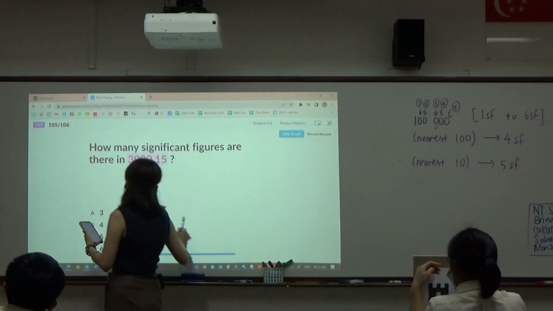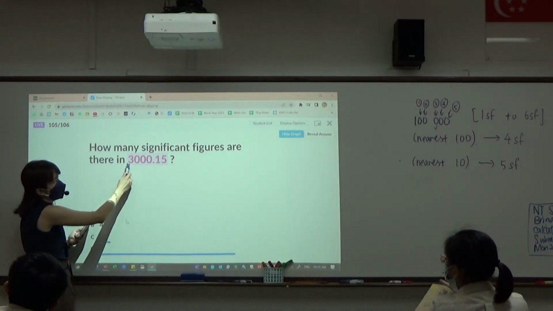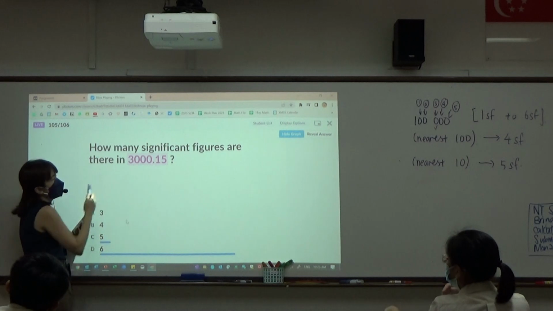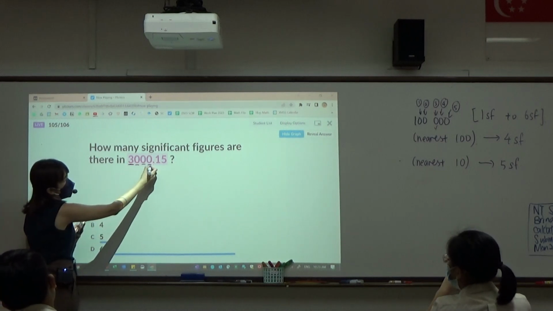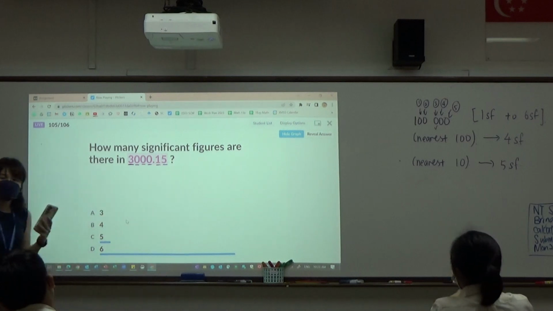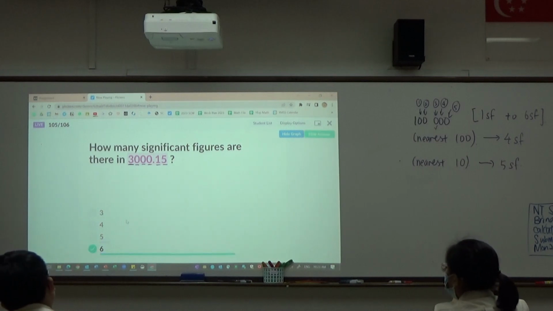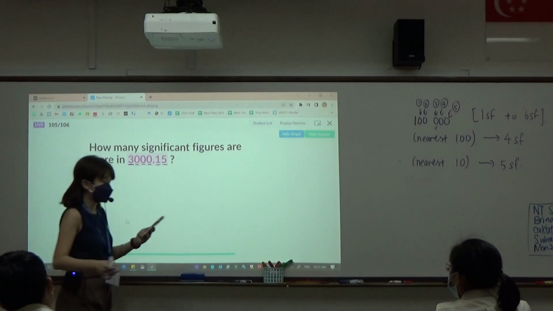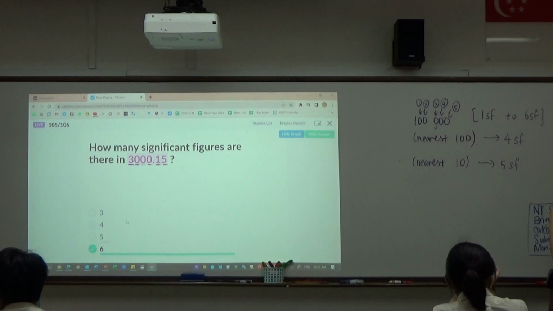These zeros over here are in between non-zero numbers. So therefore we count 1, 2, 3, 4, 5, 6. There should be 6 significant figures. So the correct answer is actually D. I hope this clarifies. Understand now? Okay, next one.